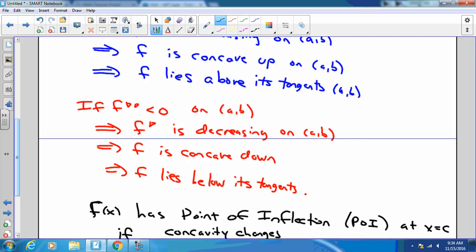I'm still trying to hunt that down. Certainly, any normal function that you will encounter on the AP exam is not going to have anything weird like that. If f double prime is 0 on an entire interval, then that simply means that f prime is constant on an interval, and our function looks like a straight line.